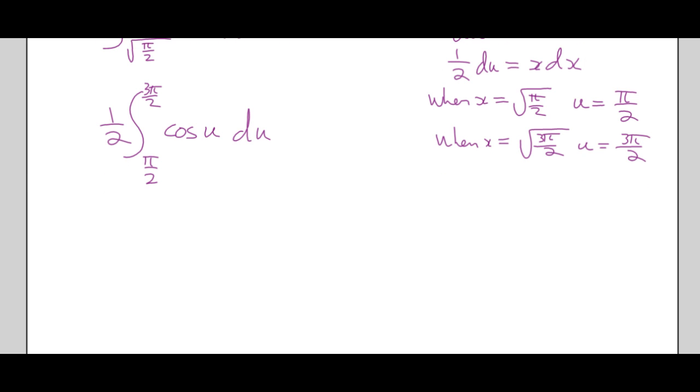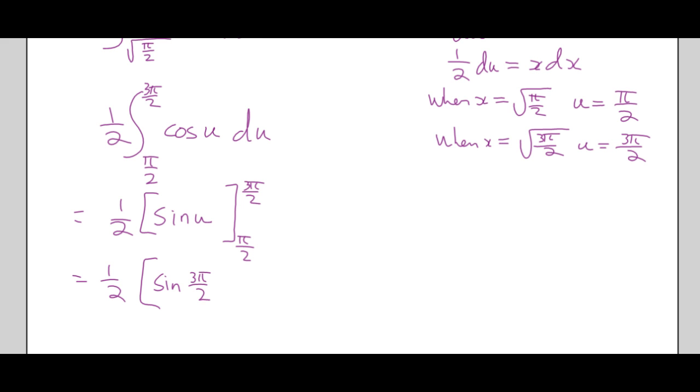Throw that half in front. Okay, so we've got 1/2 sine u evaluated with a lower bound of pi over 2 and an upper bound of 3 pi over 2. So that's 1/2 times sine 3 pi over 2 minus sine pi over 2.